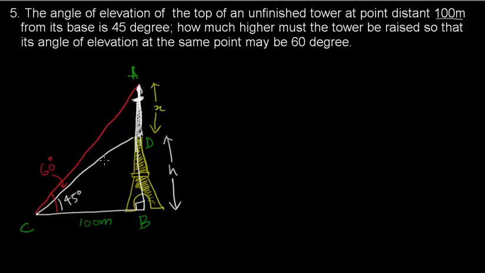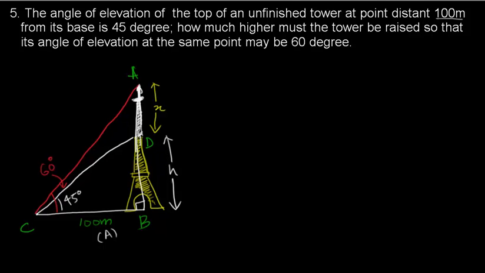First, in the smaller triangle BCD, BC is 100 meters and the angle is 45 degrees, and then we can easily find BD. We have the adjacent and the opposite.